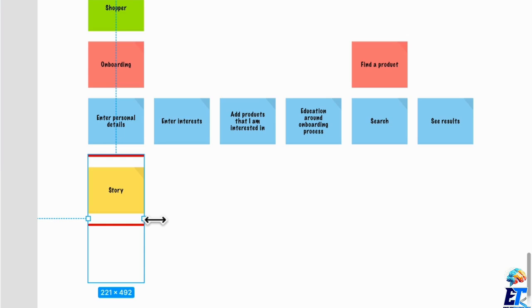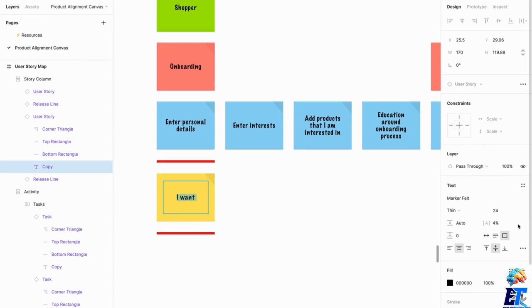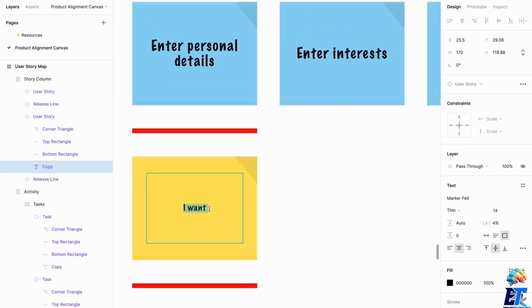An example would be, let's figure this out, interpersonal details. A typical user story would be, as a user, I want to do something because of something. But if I were to write this in a more simple way, let's actually bring down the font size so we have more room.